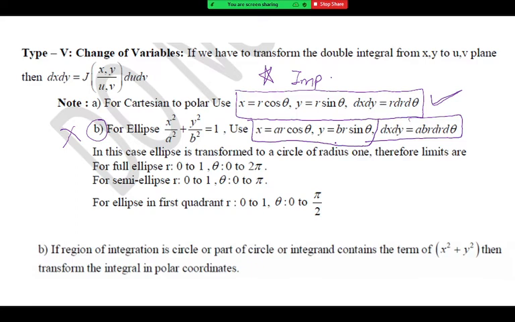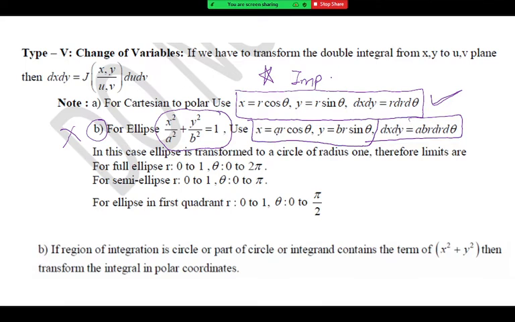These are special transformations used for ellipse. The purpose of this transformation is to simplify the equation. Actually this equation is complicated in the Cartesian domain when we give the limits. Suppose we want to give the limits of y and write it in terms of x, it becomes a little complicated.